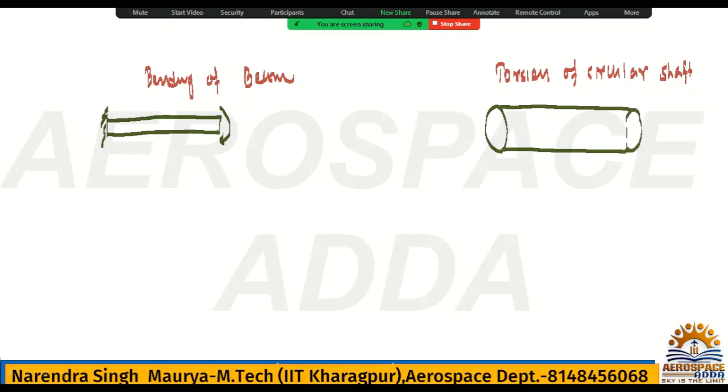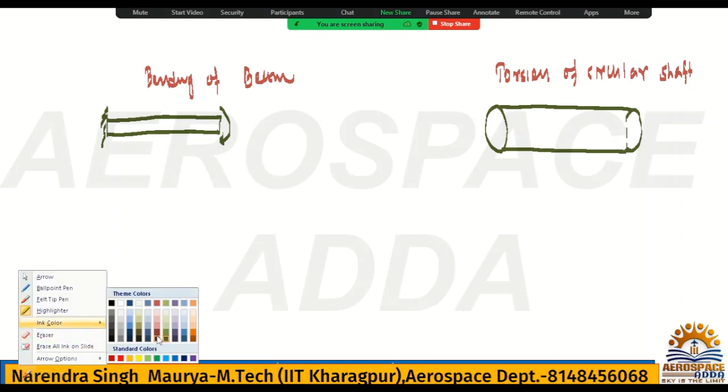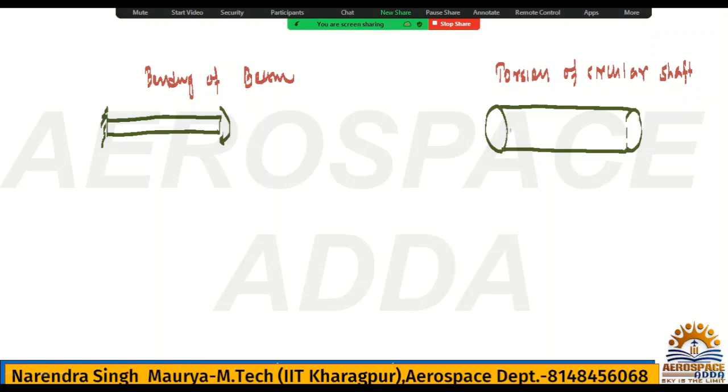In both cases we have a derived standard formula. As I told you in the start, for the derivation I must say it is not required, so no need to go for the derivation. This is the bending moment, and here about the axis we have a torsion, so this is T or twisting moment. In both cases you had seen the standard formula.